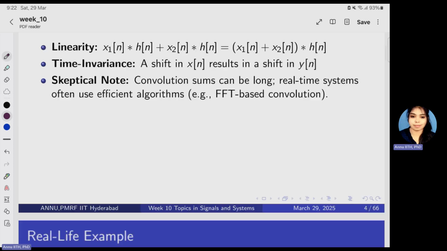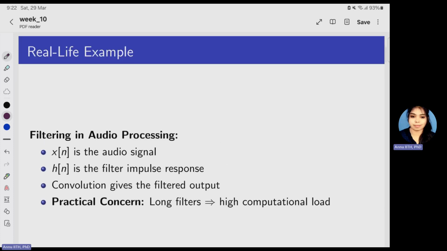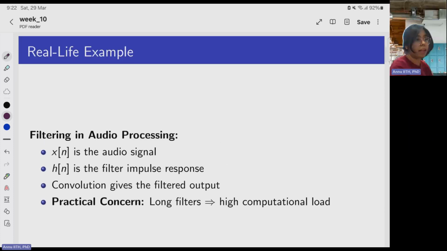this part. We have seen so many examples. And as I was telling you, the real-life example is filtering and audio processing. If x[n] is an input signal and h[n] is a filter impulse response, the convolution gives the filtered output. The practical concern is that long filters have a high computational load. So what do you think?